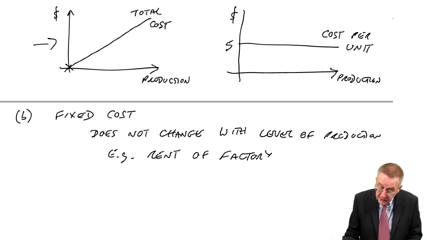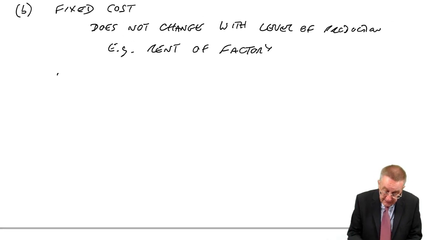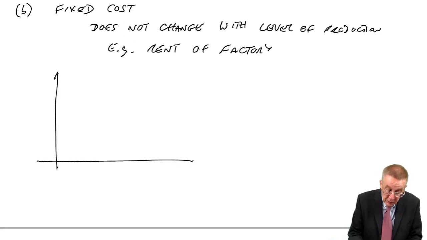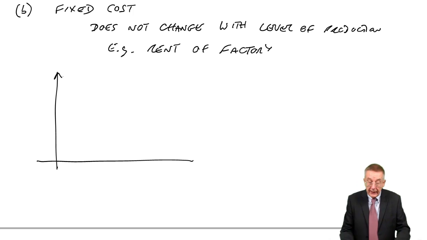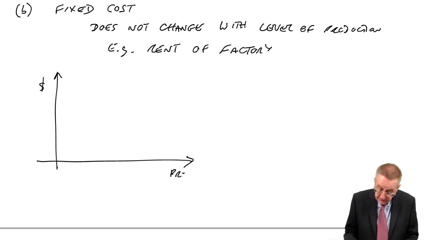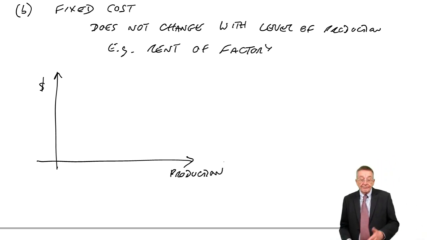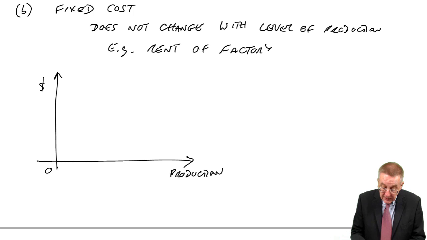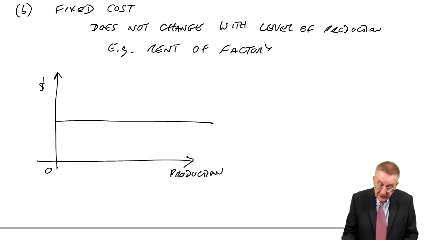And so a fixed cost, again, if you're asked to identify a graph of this, well, again, the rent of our factory, however many units I produce, it's fixed at, let's say, 10,000.